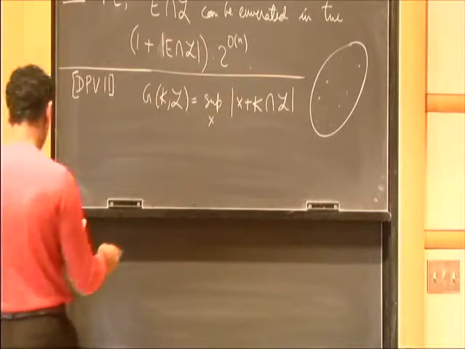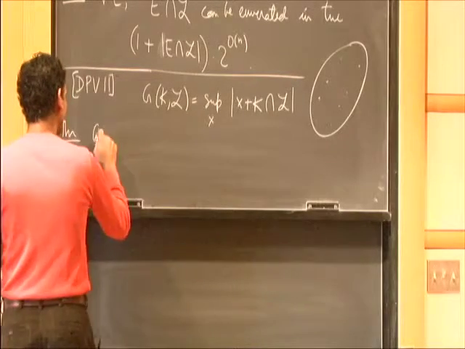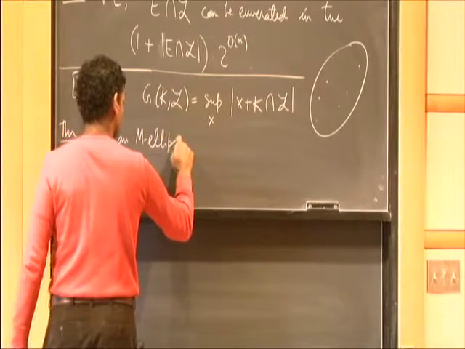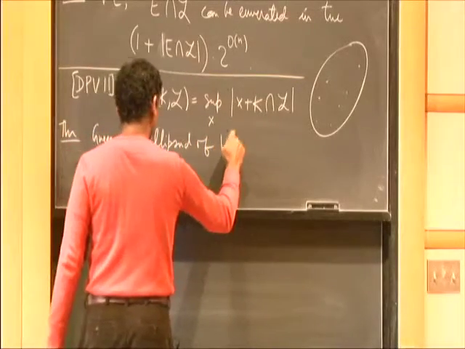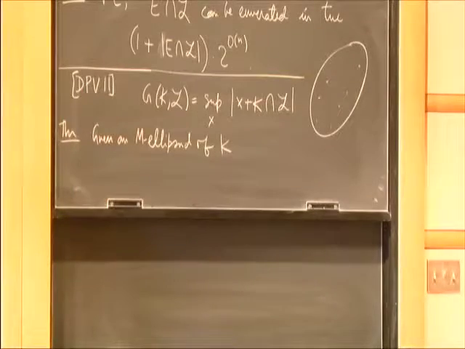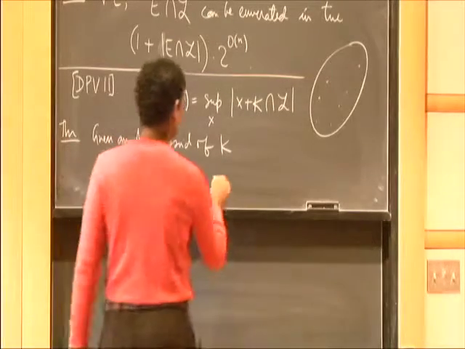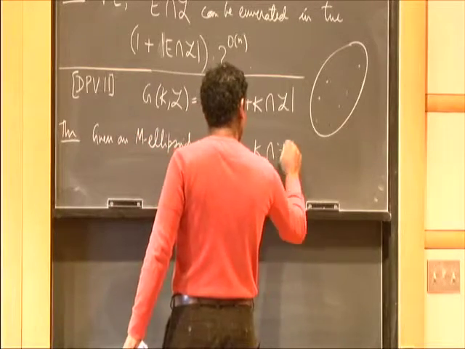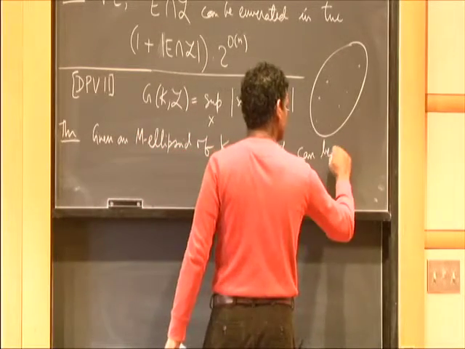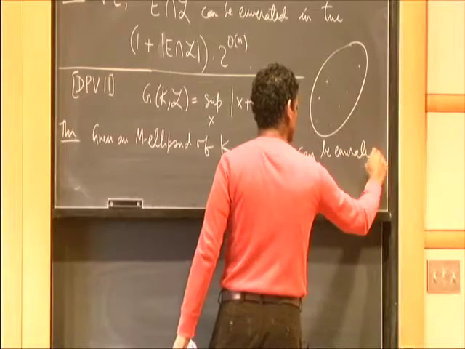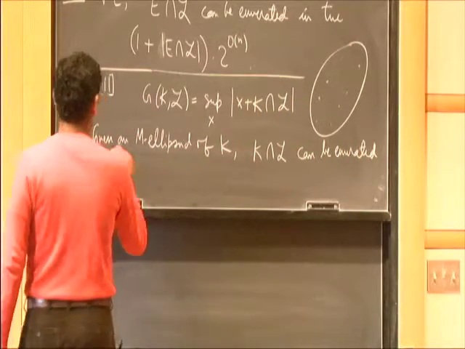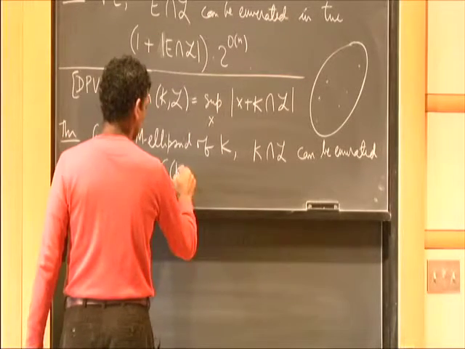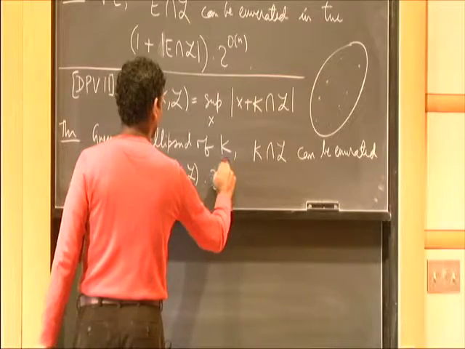Okay, so the theorem was that given an M-ellipsoid of K, which I have not defined, but just think of it as some ellipsoid, so it can be given explicitly as a matrix, K intersect L can be enumerated in time the size of G(K,L) times 2 to the order n.